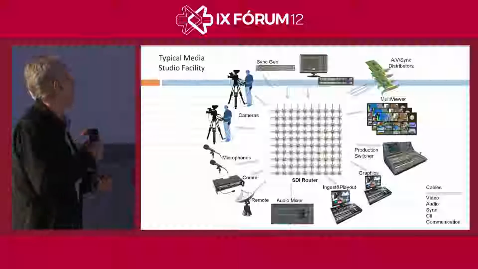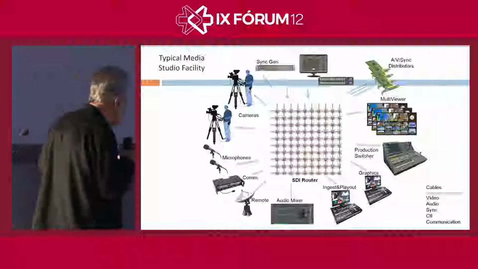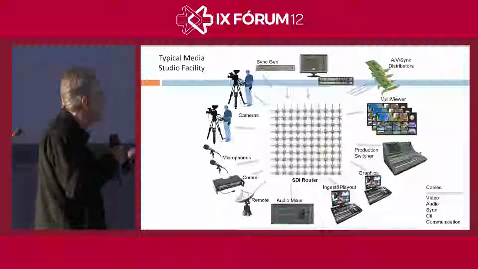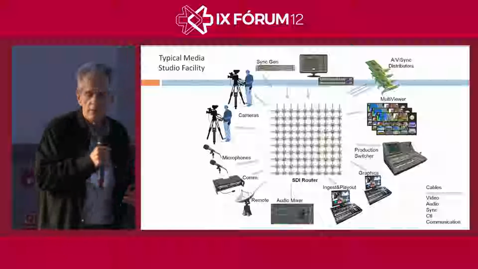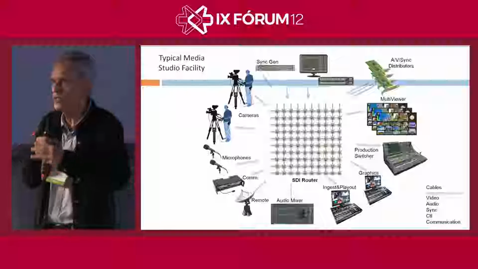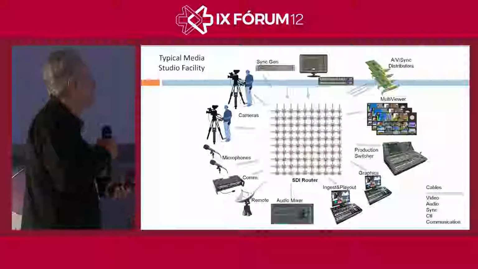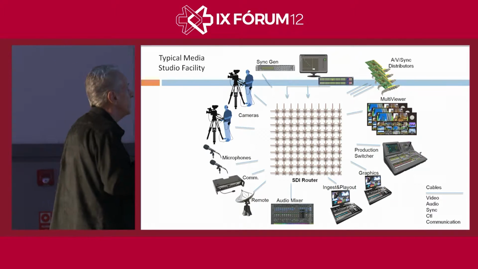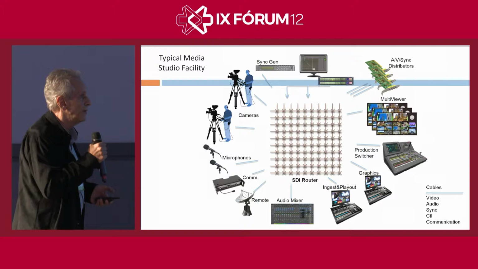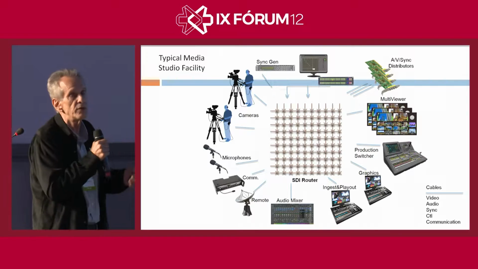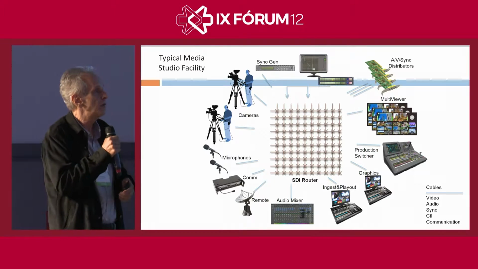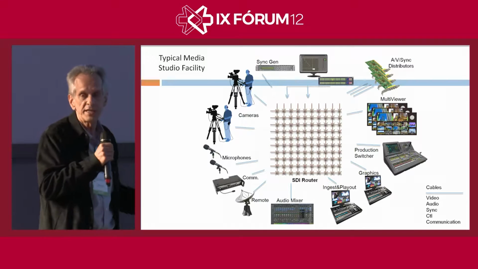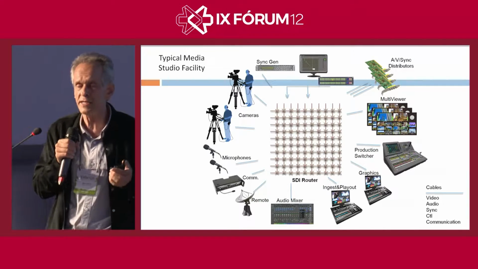How is an interconnection inside a studio today? Here you have a number of sources or transmitters of image. Here you have cameras, microphones, the control tables, the special effects, visualization, and everything in the SDI world would use coaxial cable, audio cables, synchrony cables.